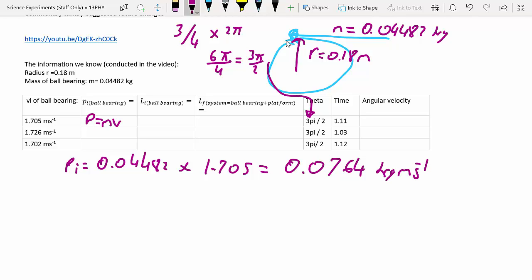Is that what I want? No, I probably don't really want linear momentum, because now we're going to be looking at angular momentum. So we're going to go mass times velocity times radius, which gives me the angular momentum. That's really 0.0764, the linear momentum, mass times velocity, times this radius, 0.18 meters.